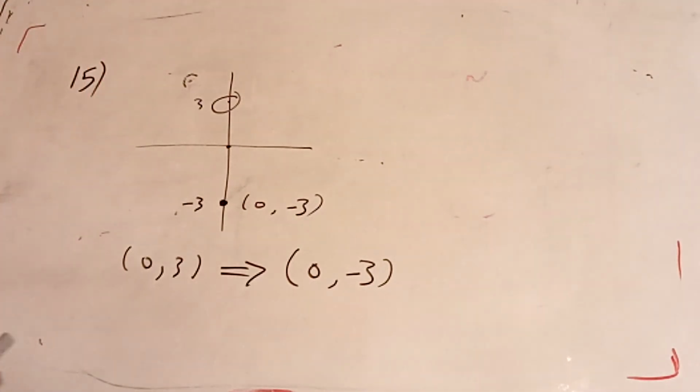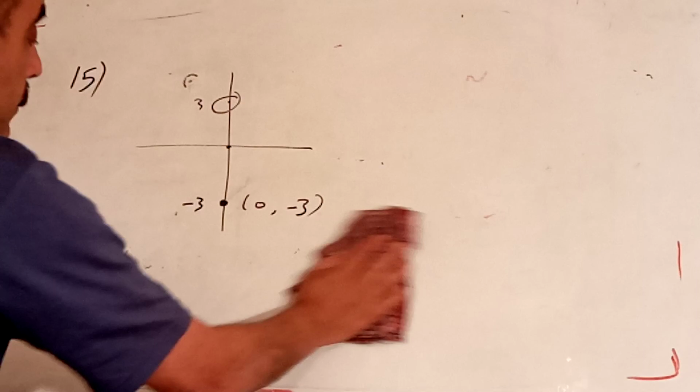Let's do number D. Okay, get ready. Number D. We have these shapes that have been reflected on both the x and y axis. Give the coordinates of the vertex of each reflected shape.